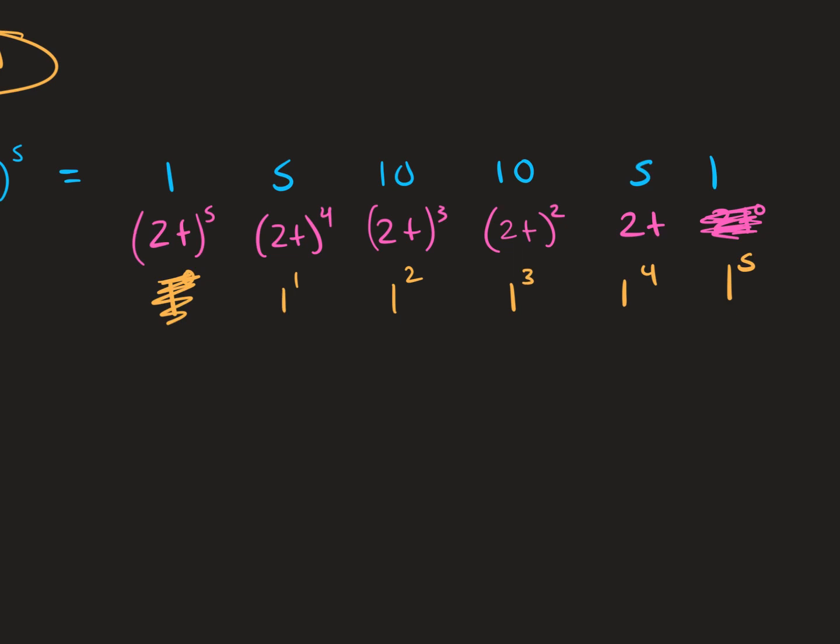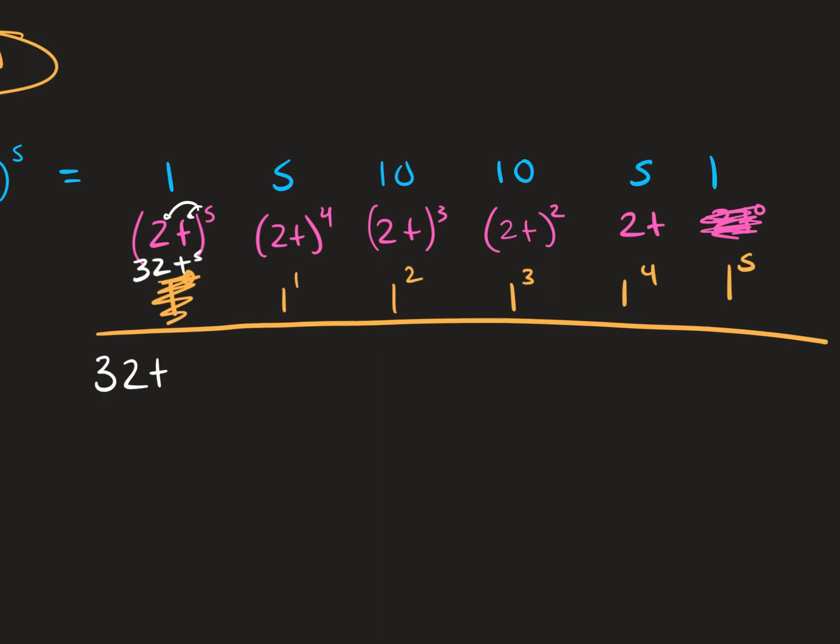All right, so let's multiply our columns. Okay, so we have to be careful here because 2t to the fifth power, we have to distribute to the 2 and the t. So what's 2 to the fifth power? 32. So 32t to the fifth power times 1 would just be 32t to the fifth power.